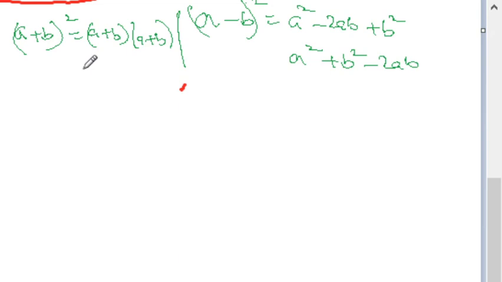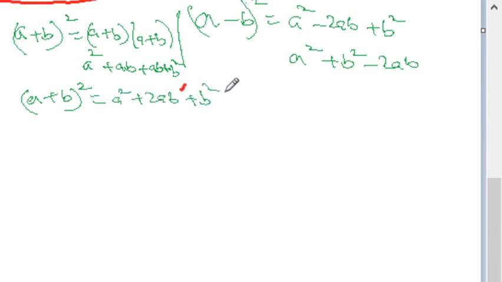So see here, I multiply a with a, I get a square, then a with b, I get ab, then b with a, I get ab, and b with b, I get b square. It means a plus b whole square is a square plus 2ab plus b square.